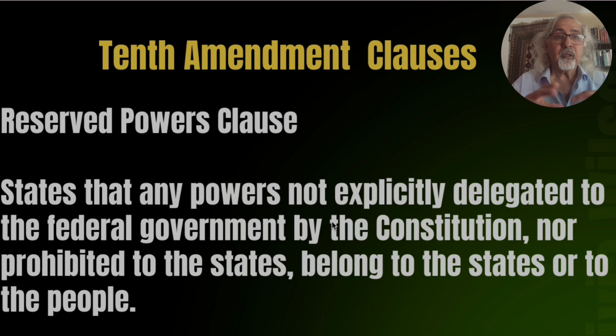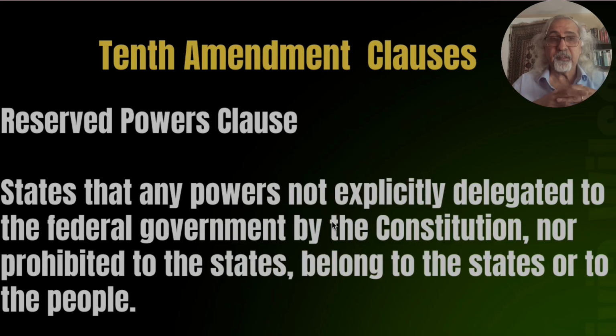So overall, these are all the 10 amendments collectively called the Bill of Rights. And what you need to know is the language of the amendments itself, but also the clauses associated with each amendment.